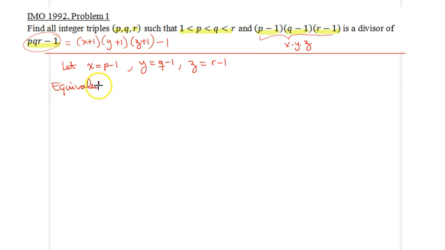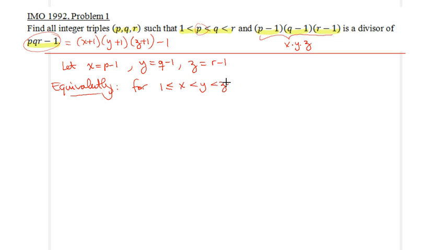Equivalently, the problem is to show that, well, obviously when p is strictly greater than 1, it means x plus 1 is strictly greater than 1, suggesting that x itself is strictly greater than 0, or if you will, x is greater than or equal to 1, which is strictly less than y, which is strictly less than z.